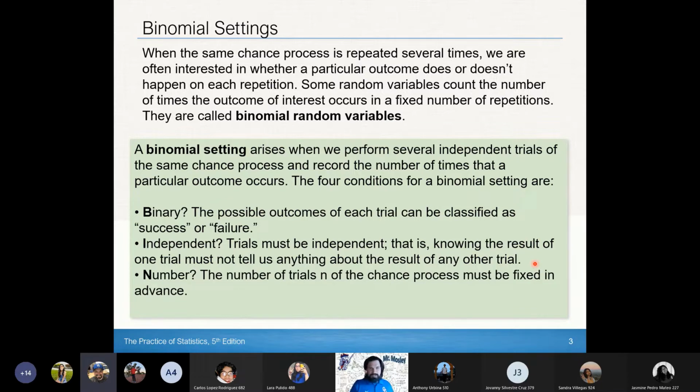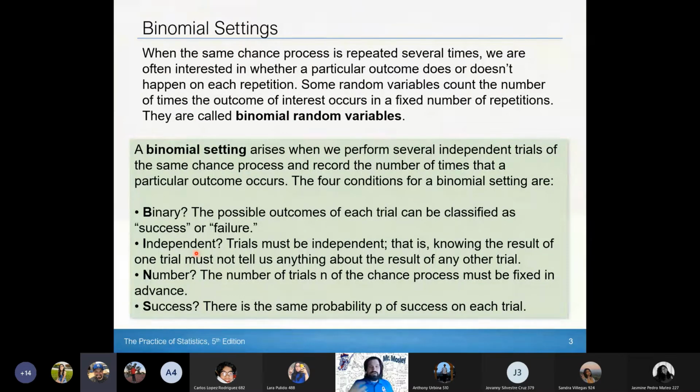The number of trials n in the chance process must be fixed in advance. We can't just randomly select the number of trials every time we perform the process. And success: there is the same probability p of success on each trial. This ties back into independence. If something's not independent, then the chance of success changes based on one of the previous outcomes.